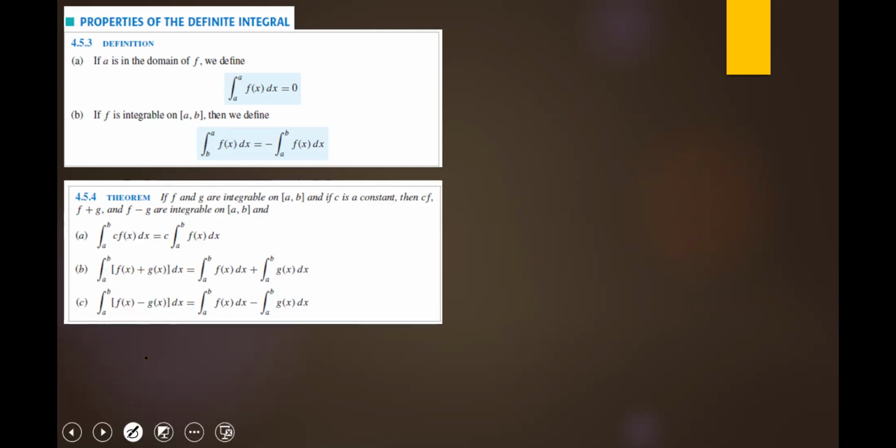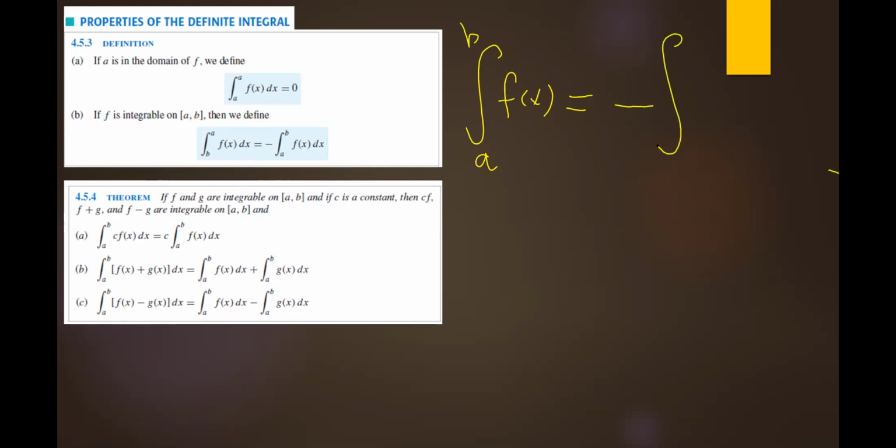And if f is integrable on a to b, the integration of f of x from a to b is equal to negative the integration from b to a.